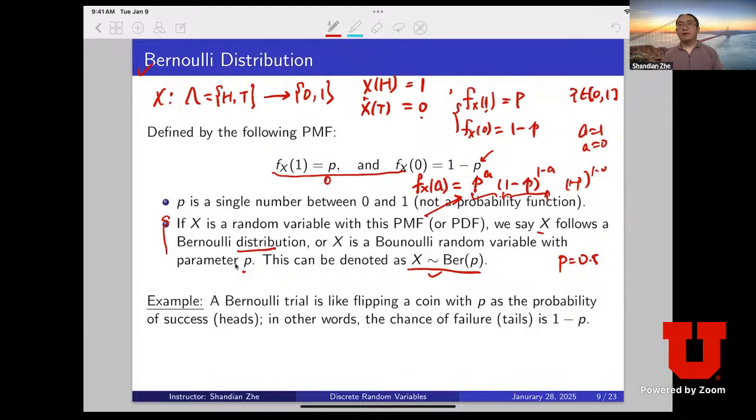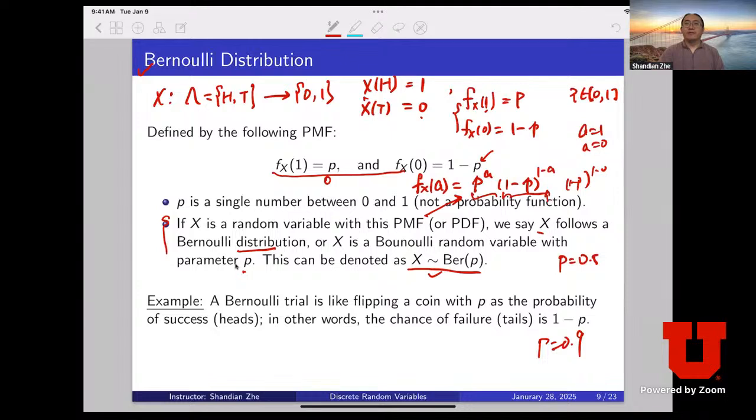Either side, right? But if p equals 0.9, that'll be very different. That means you got 0.9 chance to see heads and only 0.1 chance to see tails. That means maybe you're cheating, using a specially made coin to win the gambling or whatever.